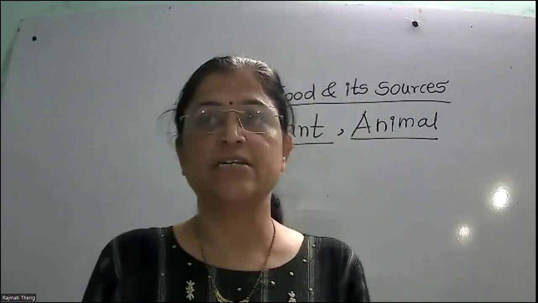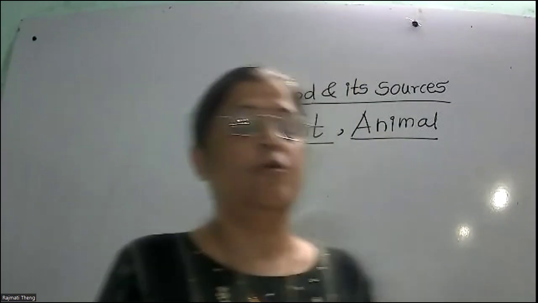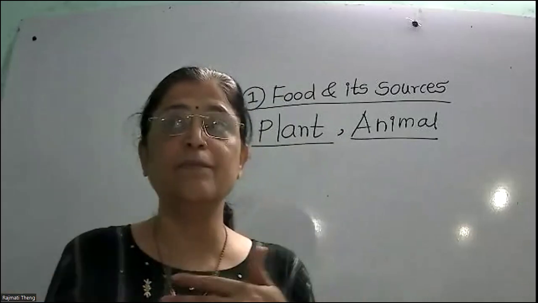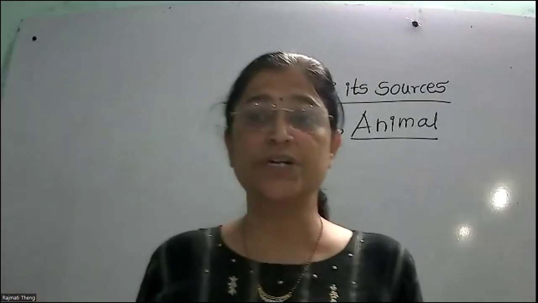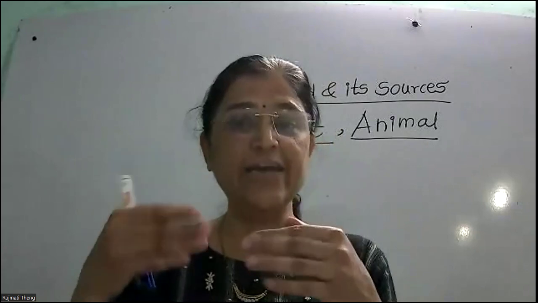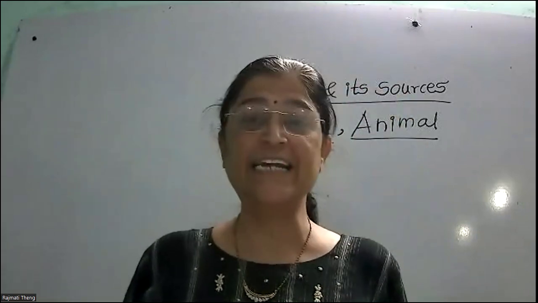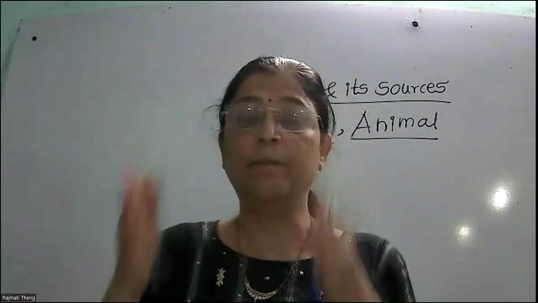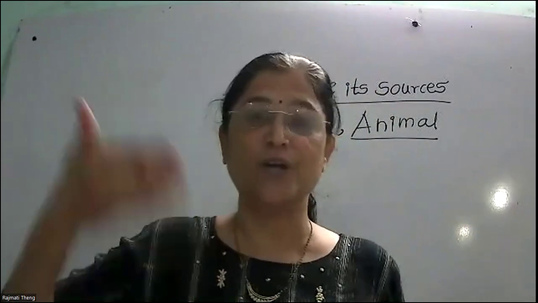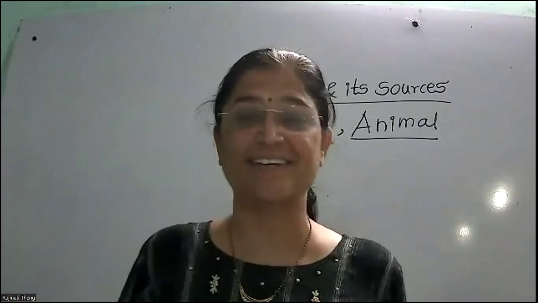So plants have different parts like root, stem, leaf, flower, fruits and seeds. The stem has an outer covering called bark.